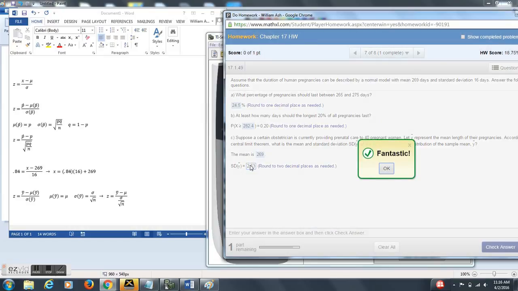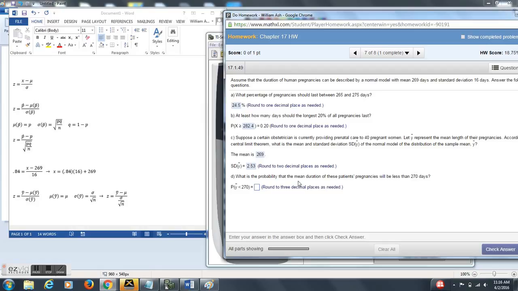And there we go. Now we want the probability that it's less than 270. Same deal, just plug everything in like before, using this mean and this standard deviation.